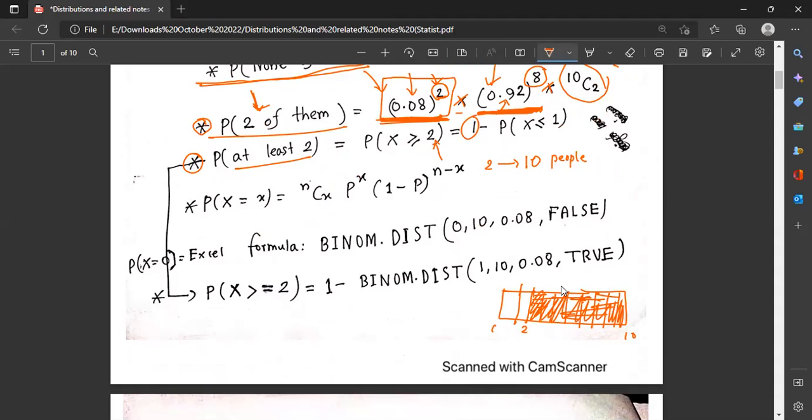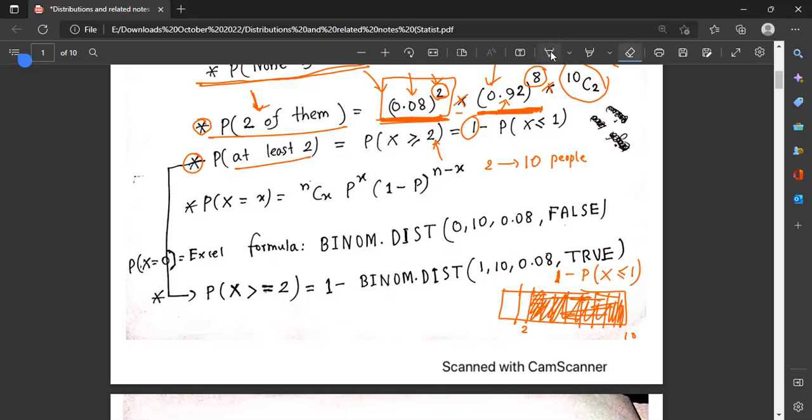So the whole part here is 1, the total probability is 1. And then we minus the probability of the people who are colorblind and are less than or equal to 1, okay?